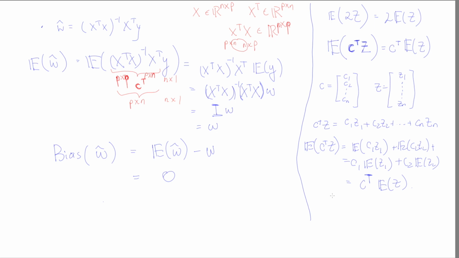All right, let's do something slightly harder, which is the variance. So let's say we wanted to compute the variance of B hat. I'm going to leave that one to you as an exercise, but you should be able to show that it's sigma squared over the sum of xi minus x bar squared.